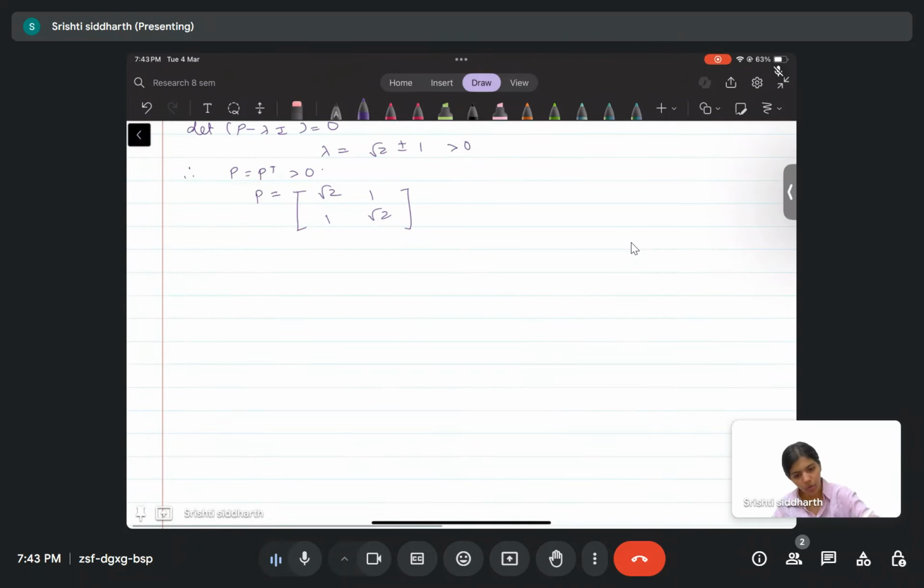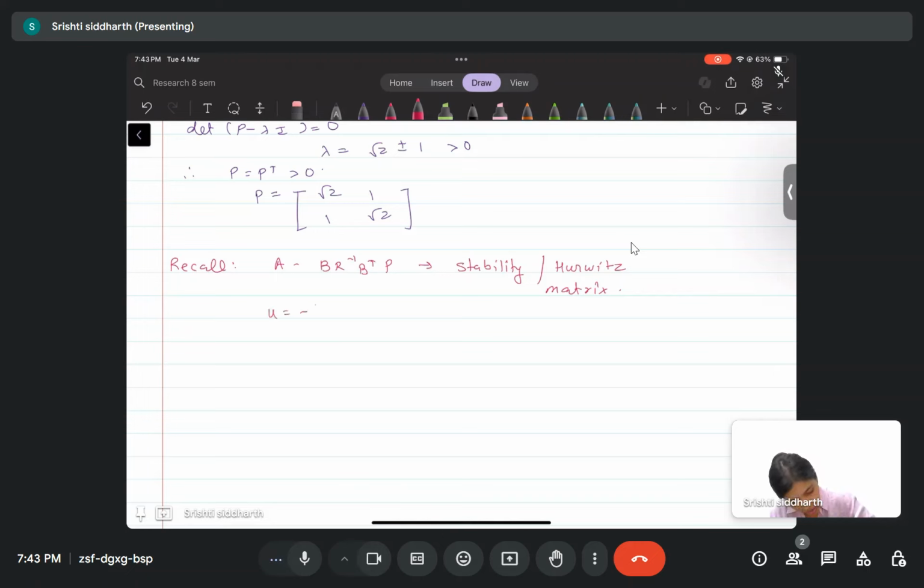So before we move on to the next question, recall that given the algebraic Riccati equation, the matrix A minus B R inverse B transpose P is a stability or a Hurwitz matrix. Then we find the feedback gain u which minimizes the cost.